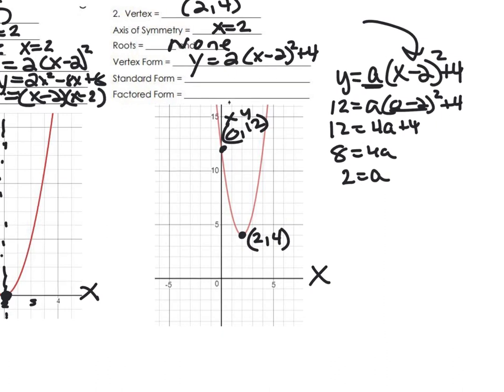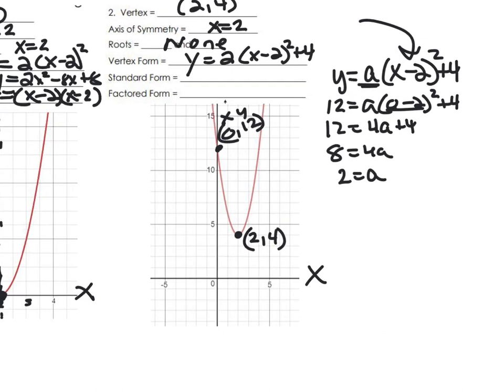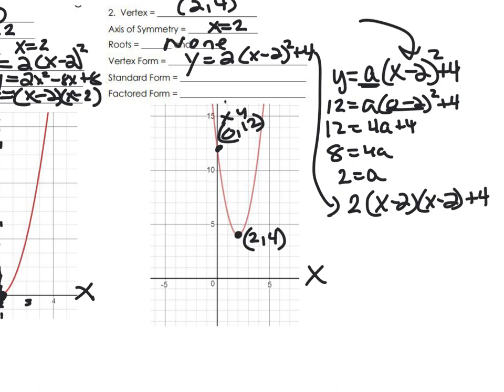Okay. Now standard form, all I'm going to do is take that and work it out. 2 times x minus 2 times x minus 2 plus 4. So let's do this part first. So it'll be 2 times. When I multiply these out, I get x squared minus 4x plus 4.